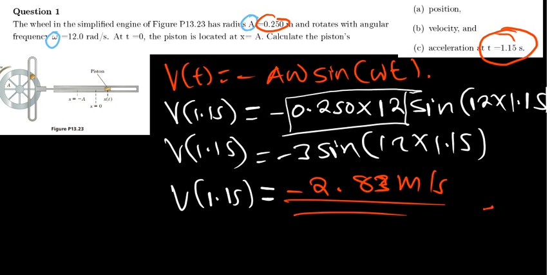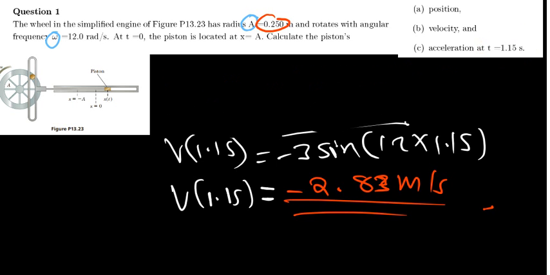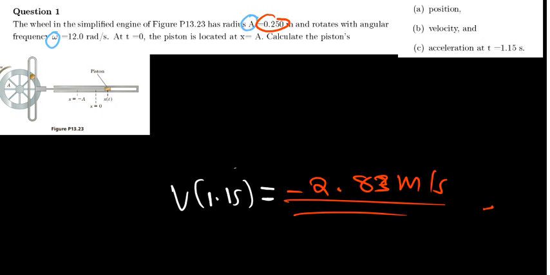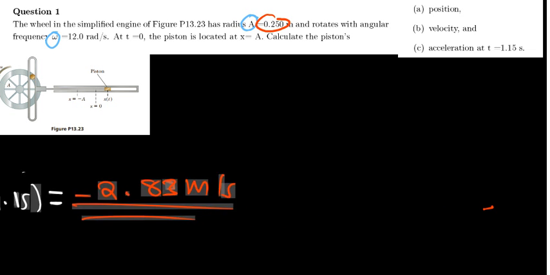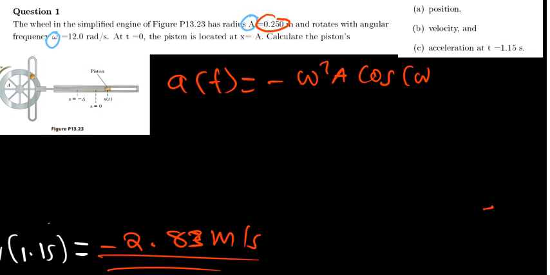Okay. We can go to part C, where we said the formula for part C: the acceleration as a function of time is given by negative omega squared times A, then cos of omega t.